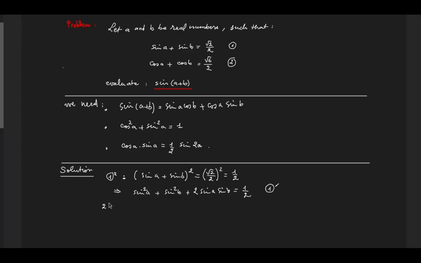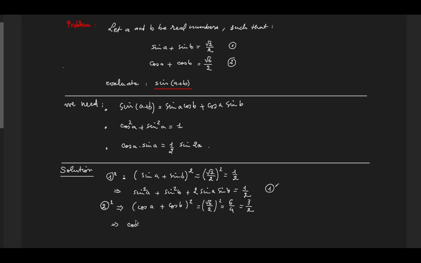The second identity squared gives us cosine a plus cosine b all squared equals square root of 6 over 2 all squared. If you calculate that, you will find exactly 6 over 4, which is equal to 3 over 2.